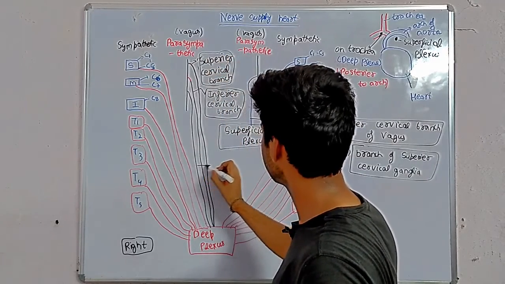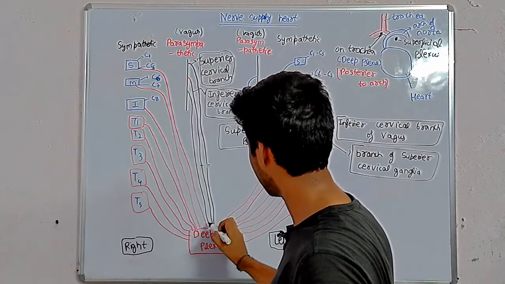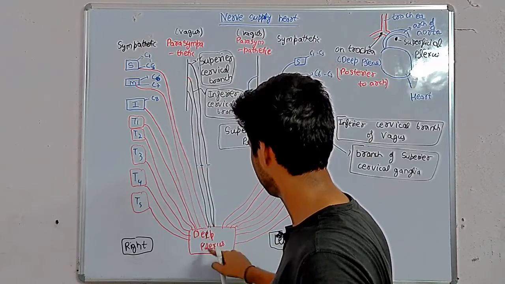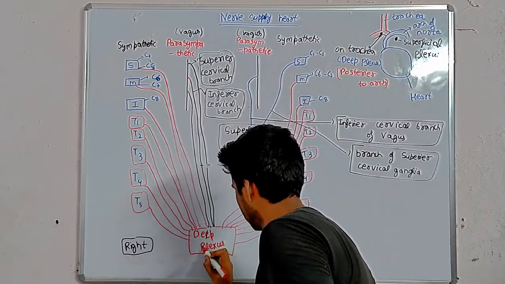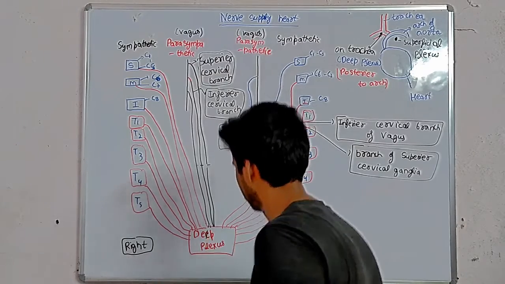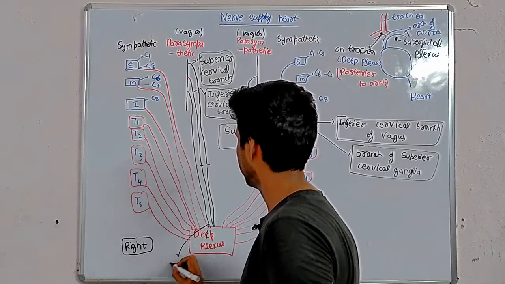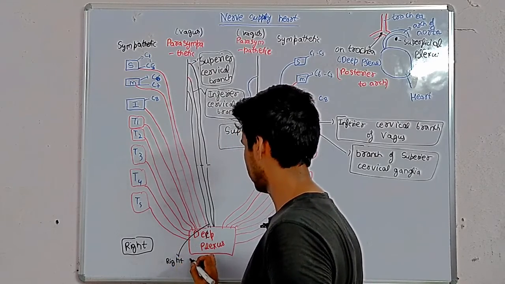And the third, from both sides, is the recurrent laryngeal nerve. This is the right recurrent laryngeal nerve.